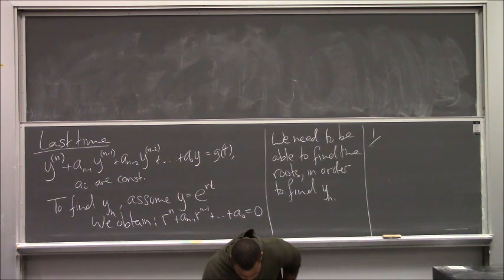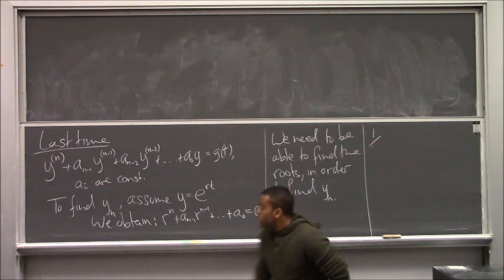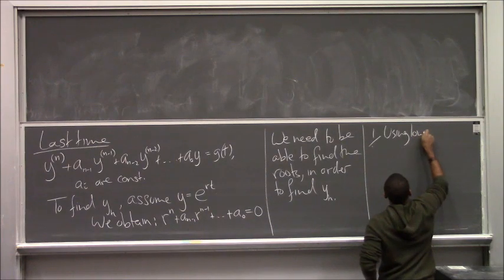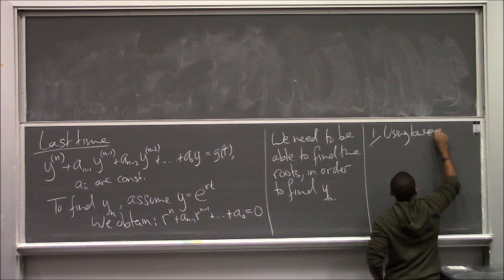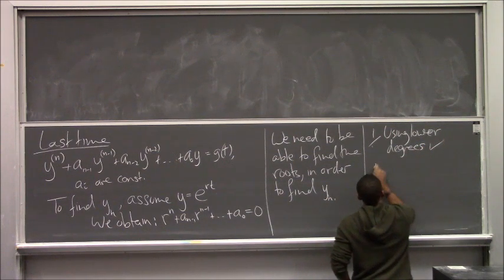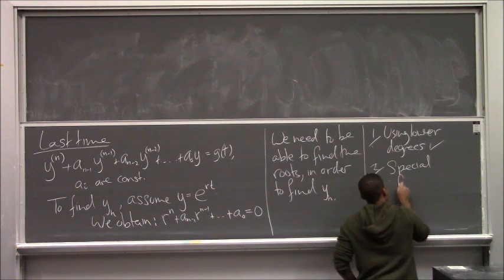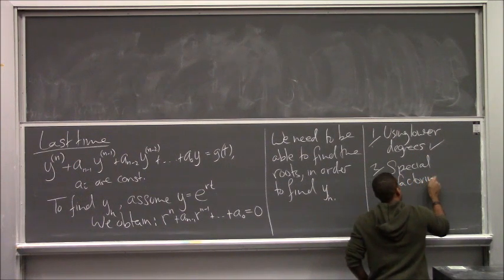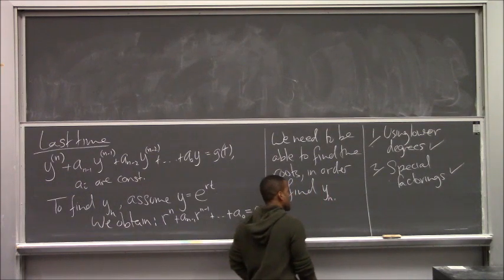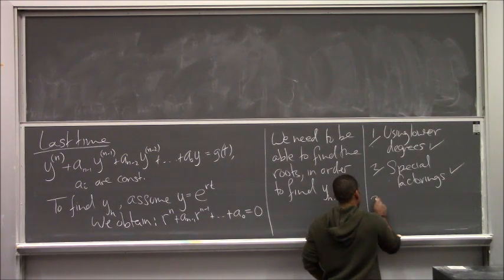What order did we go into? Using lower degrees, check. We looked at special factorings. Check, that's like difference of squares, sums and differences of cubes, etc. Factor by grouping.